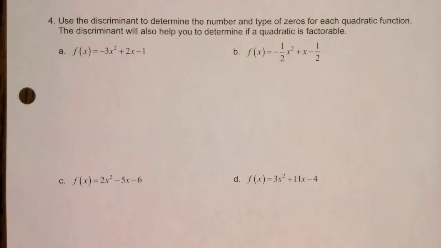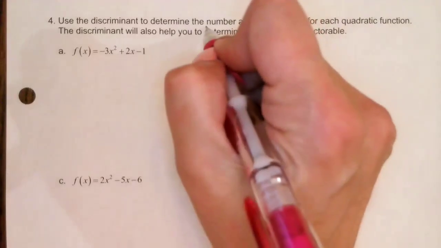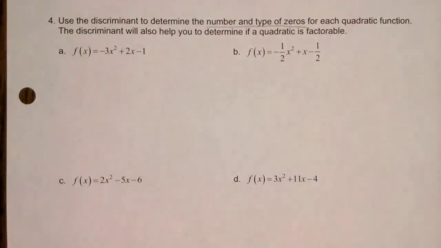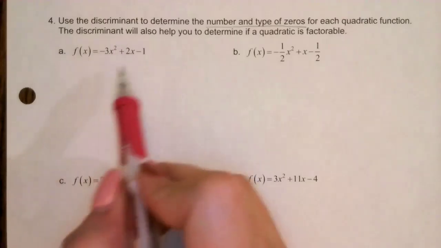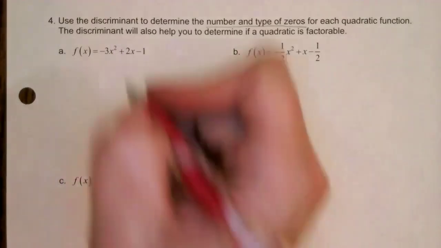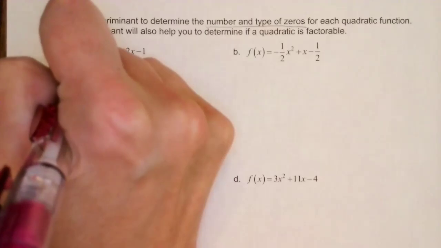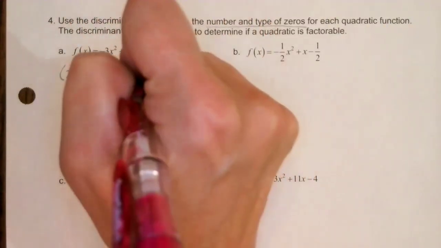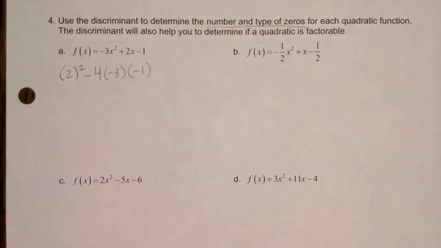Anytime that it asks you for the number and type of solutions, you don't want to waste your time solving the whole thing to find that. We use the discriminant to find that. So we want to know how many and what type of solutions this has. We're going to do b squared, so that's 2 squared, minus 4 times my a value times my c value. I don't have to do the whole quadratic formula.